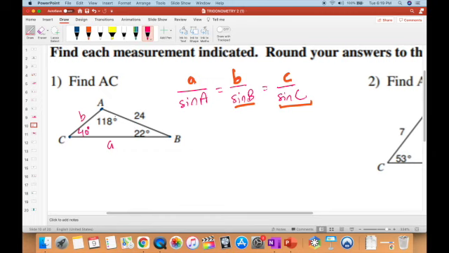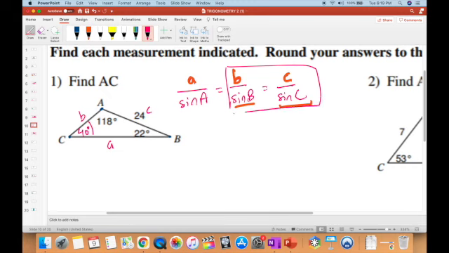So 180 minus 118 plus 22 is 40. Do you all understand how I got 40 here? Alright. So now we can see that since we could find the angle C and we have the side C, we have everything that we need.